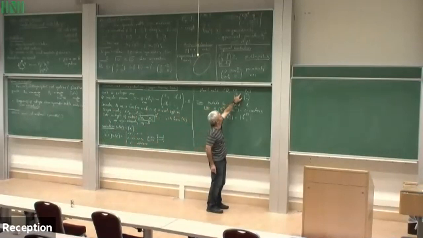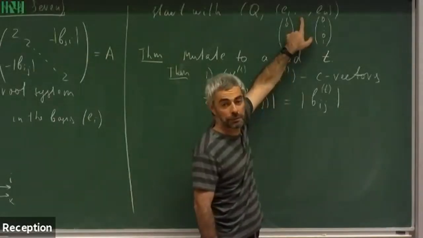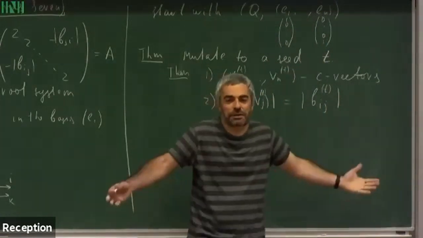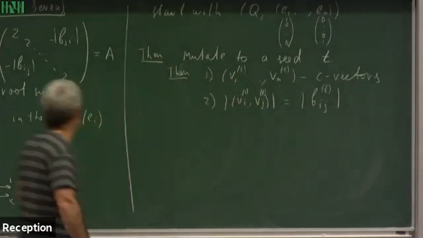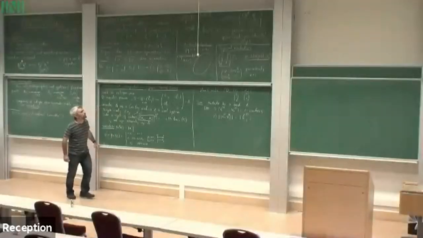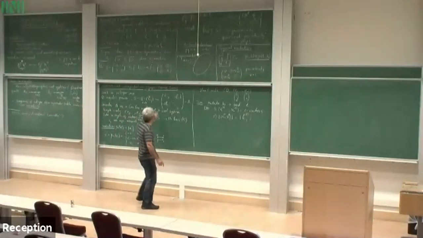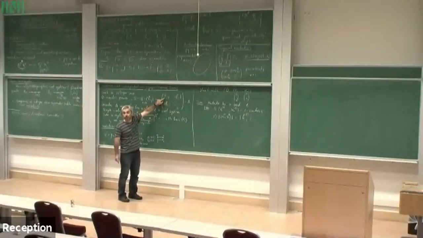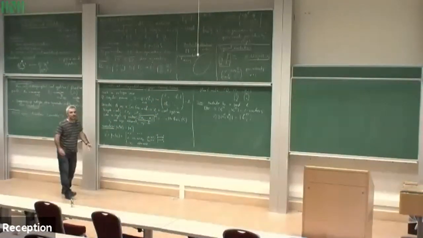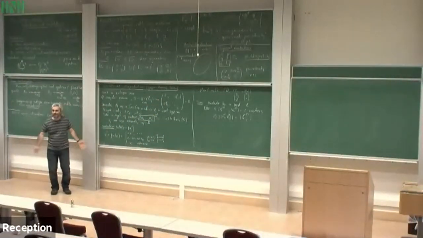I start with roots of length square root 2, and they don't change. This was the way I defined the quadratic form. Sometimes it is just to be consistent.